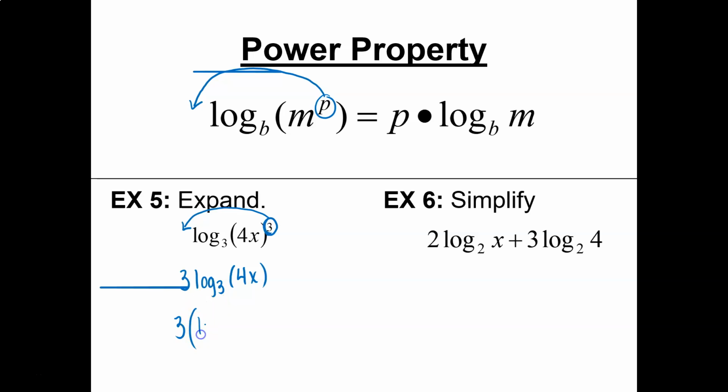So I will have log base 3 of 4 plus log base 3 of x. So here's a case where it is required to have those parentheses or brackets there.